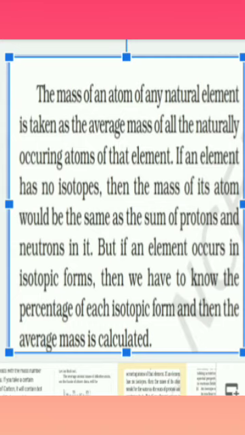The mass of the atom is the sum of protons and neutrons in it. If the element occurs in isotopic forms, then we have to know the percentage of each isotopic form, and then the average mass is calculated.